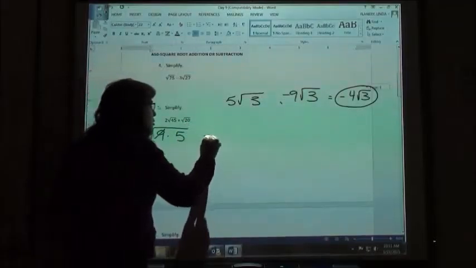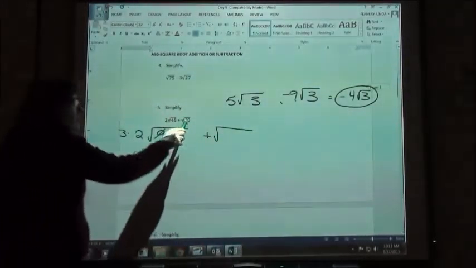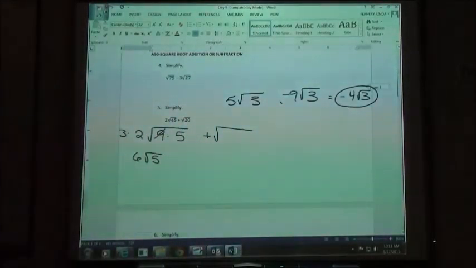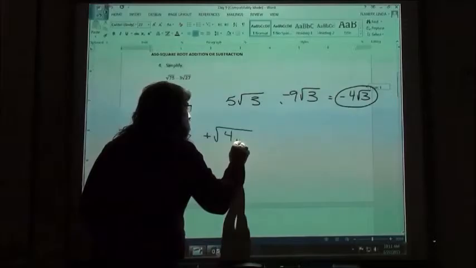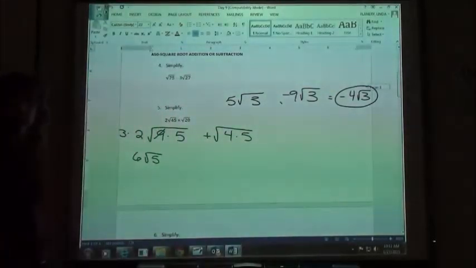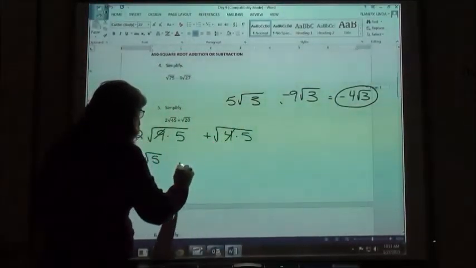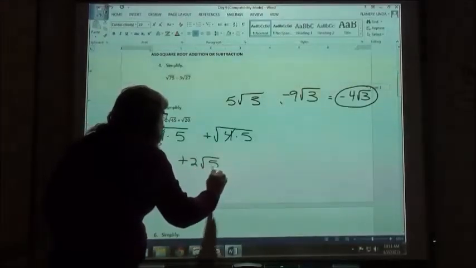Now I've got that plus square root of 20. 20 is not a perfect square. We can factor 20 into 4 times 5, exactly. 4 is my perfect square. The square root of 4 is 2. So I get plus 2 square root of 5.